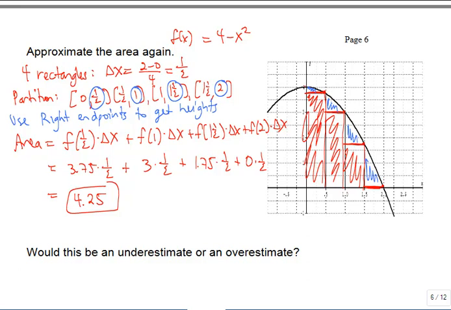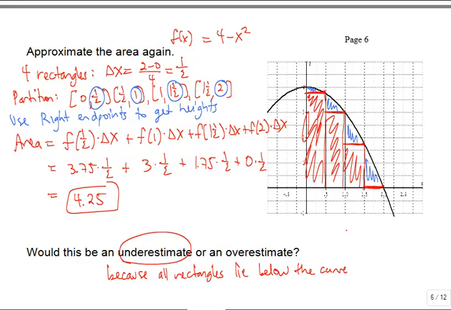So we're leaving out all those blue pieces of area in our calculation. So this time, this is going to be an underestimate because all the rectangles lie below the curve. So we want a kind of happy medium. We want to have a little bit above, a little bit below if possible, so that we can try and get a more accurate approximation.